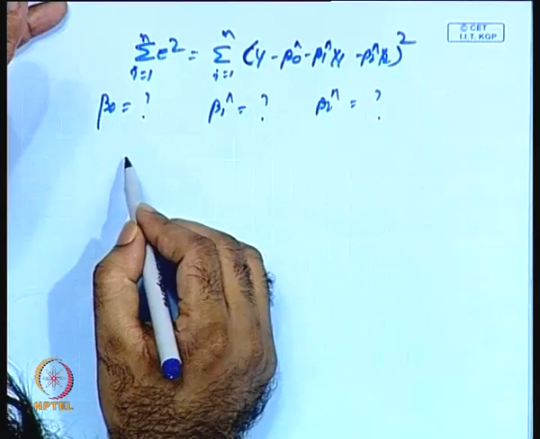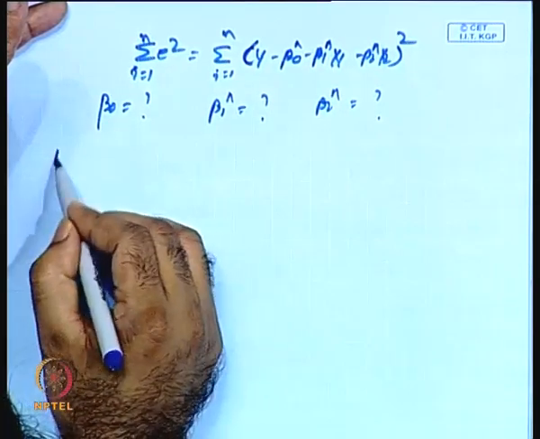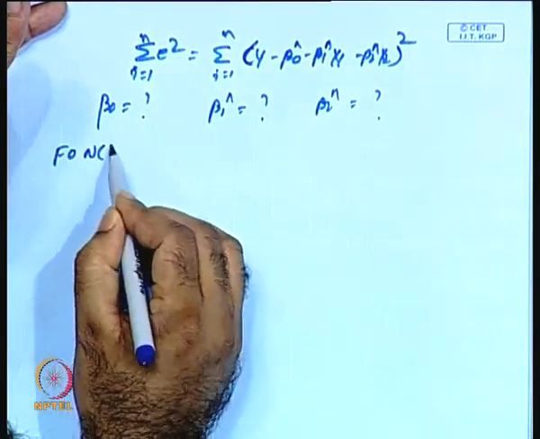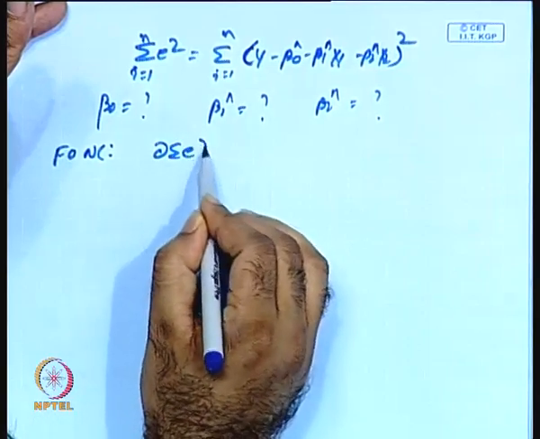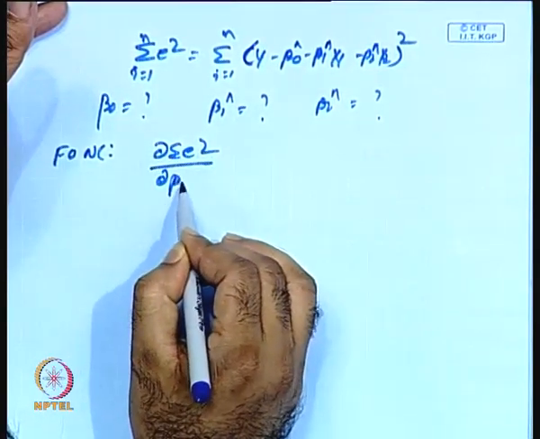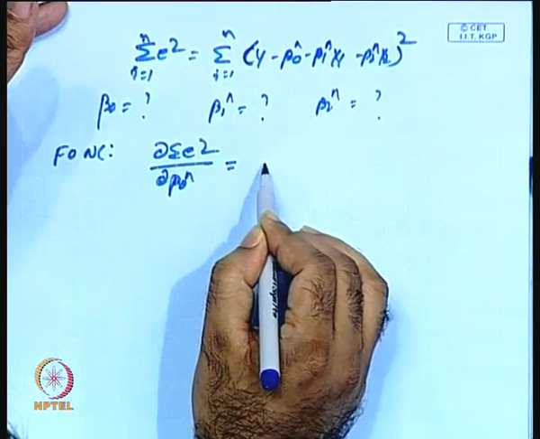So the first order necessary condition is that d summation e squared by d beta 0 hat is equal to 0.